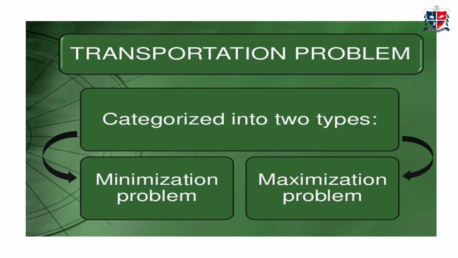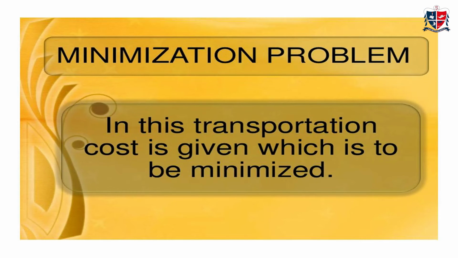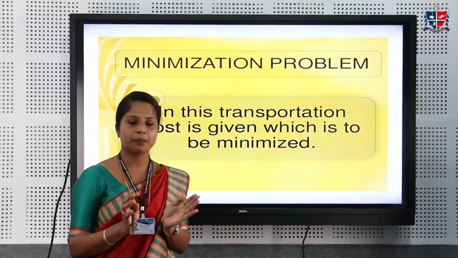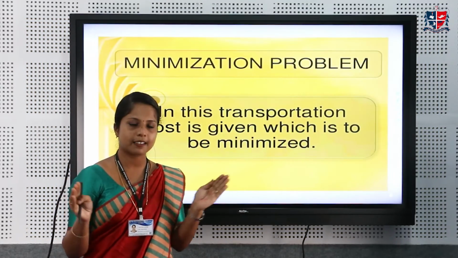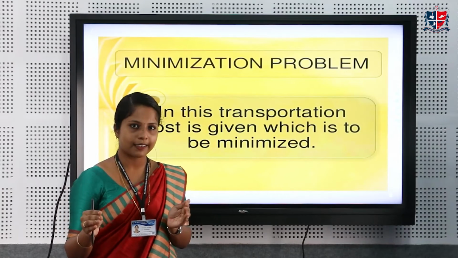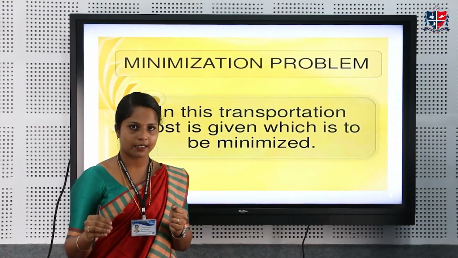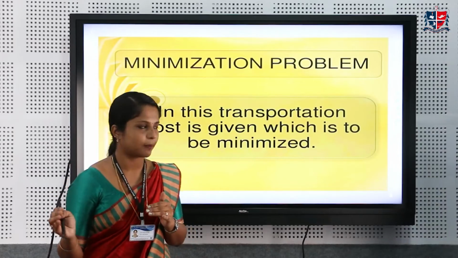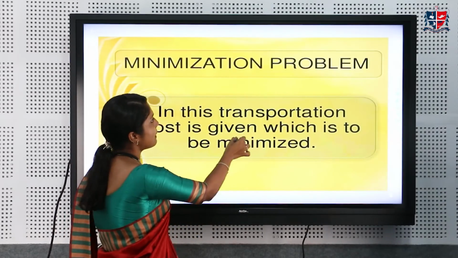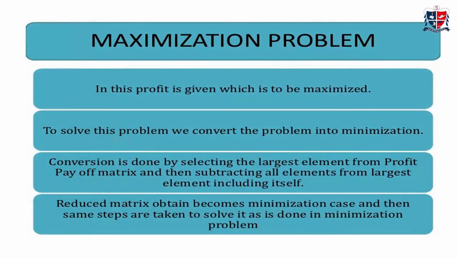A transportation problem is categorized into two types: minimization problem and maximization problem. In a minimization problem, the transportation matrix will be a cost matrix, and the transportation cost is to be minimized. In a maximization problem, it will be a payoff matrix, that is, profit is to be maximized.